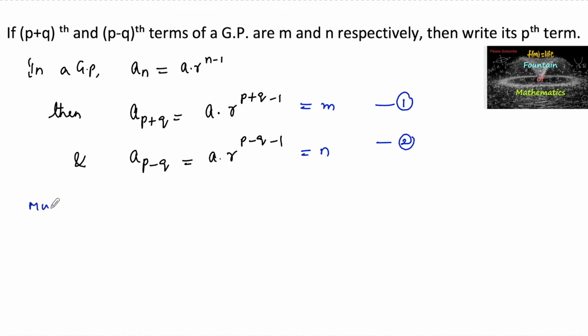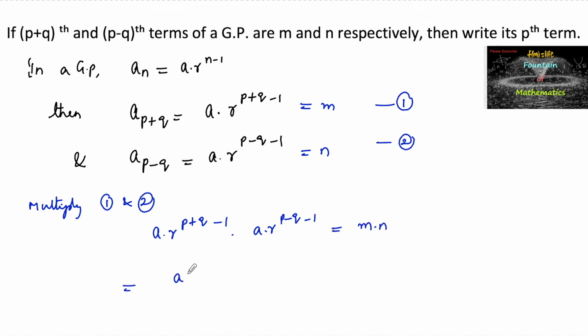So let's multiply 1 and 2. We'll have a into r to the power p plus q minus 1 into a into r to the power p minus q minus 1 equals m into n, or we can write this as a squared into r to the power p plus q minus 1 plus p minus q minus 1 equals mn.